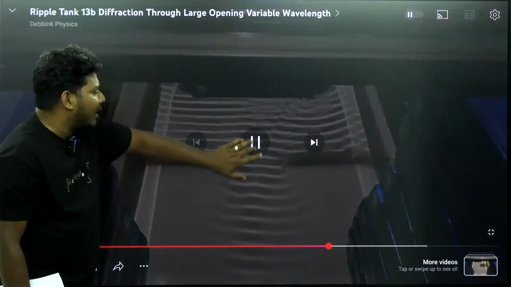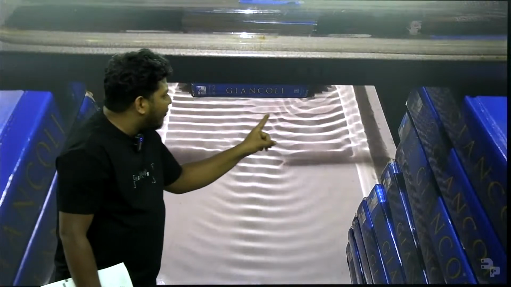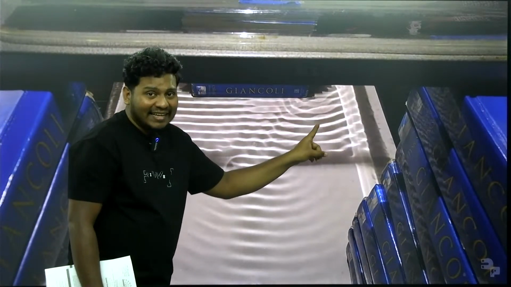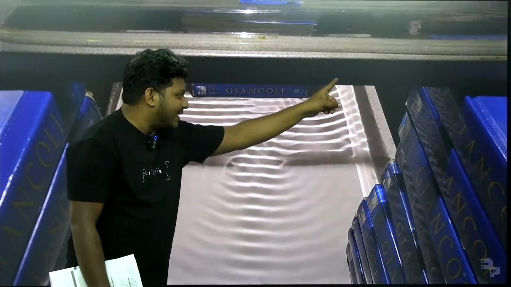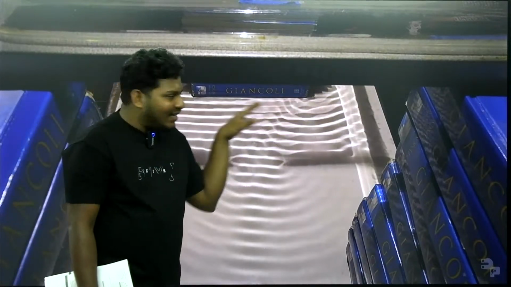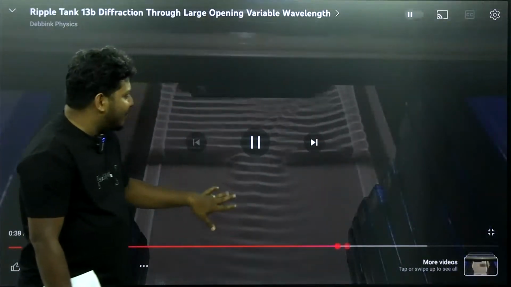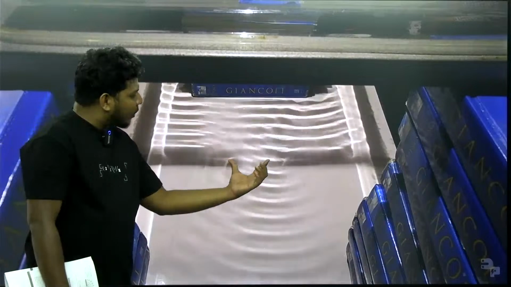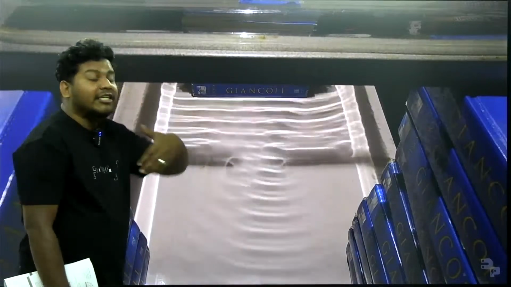You can see some reflections here because of that net part. So that is a different thing. These are parallel lines. Assume that these are parallel lines. So when we make this hole small, the diffraction will increase.